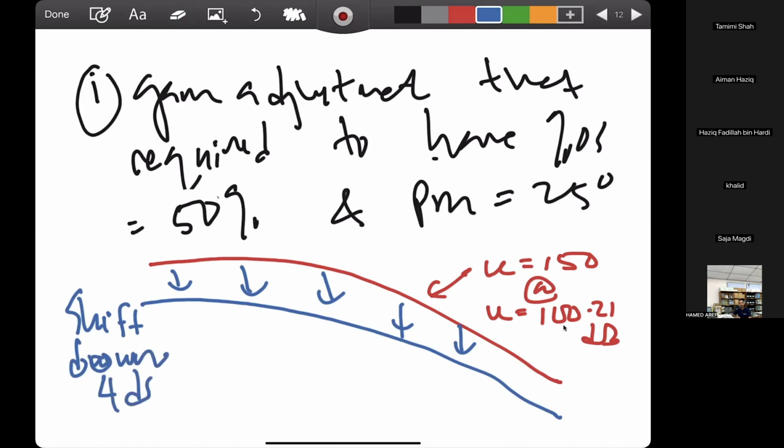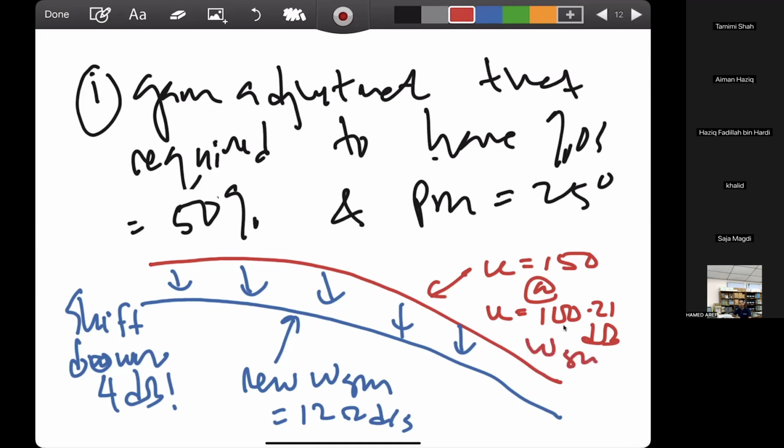Okay, shift down 4 decibel to have the new omega GM 12 radian per second. This one, omega GM is 15, the old one. So you have to shift down a little bit to achieve 12 radian per second, shift down 4 decibel to achieve this 50% overshoot and phase margin 25 degrees.